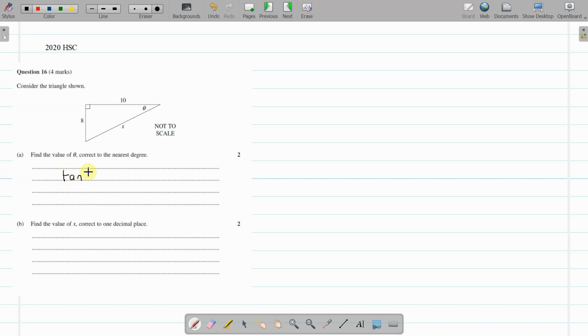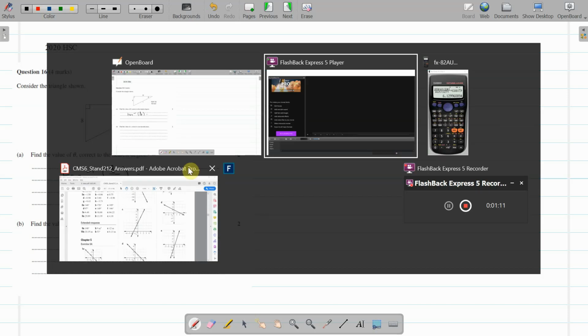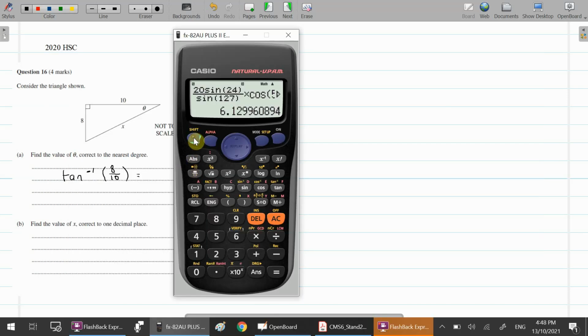And we're finding an angle, so it's inverse tan. Opposite over adjacent. Shift and tan, 8 over 10.